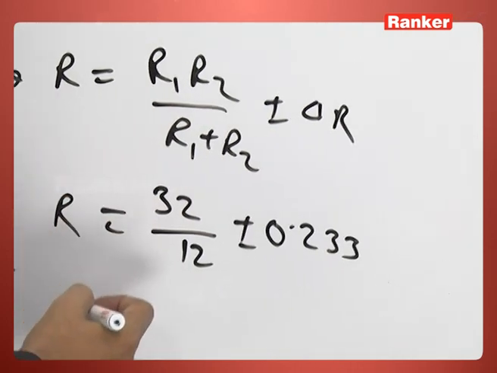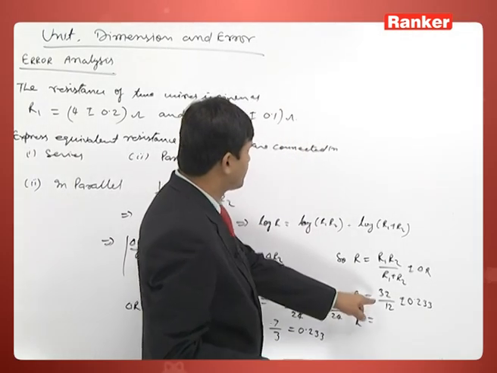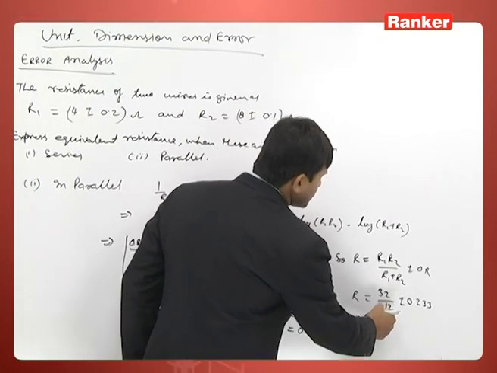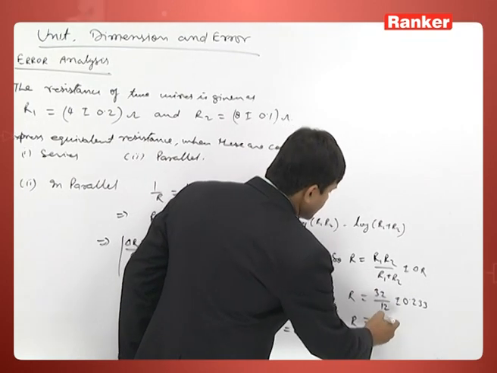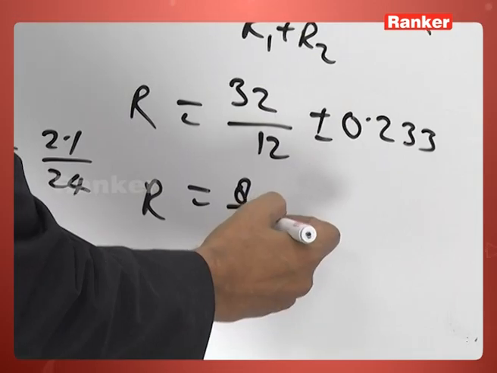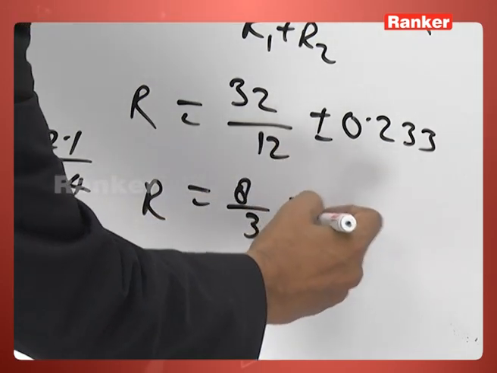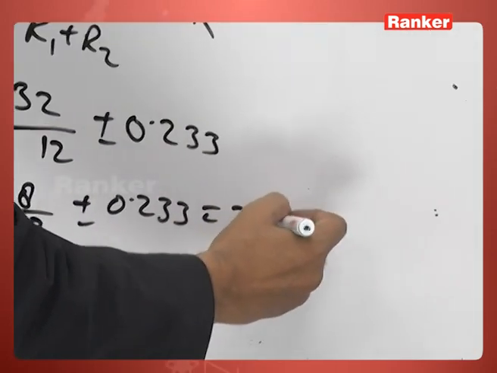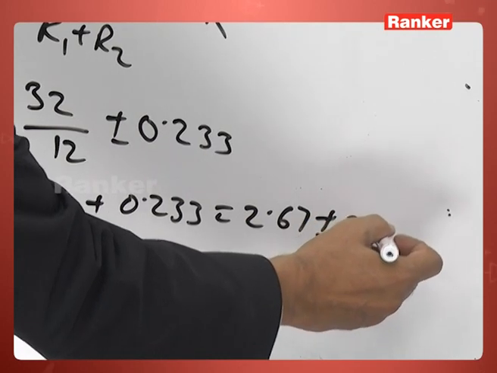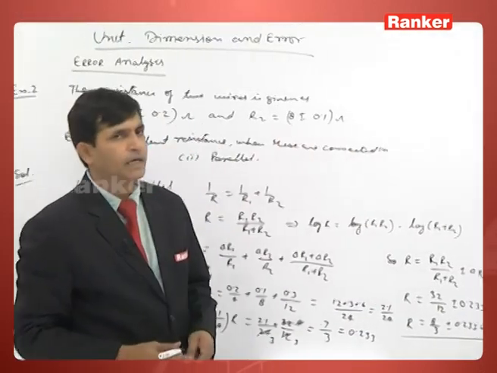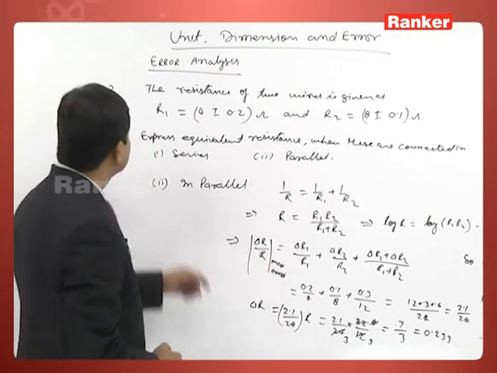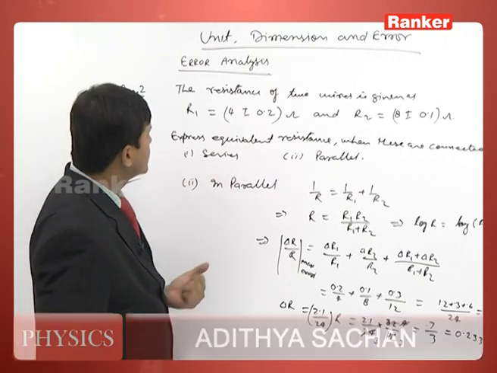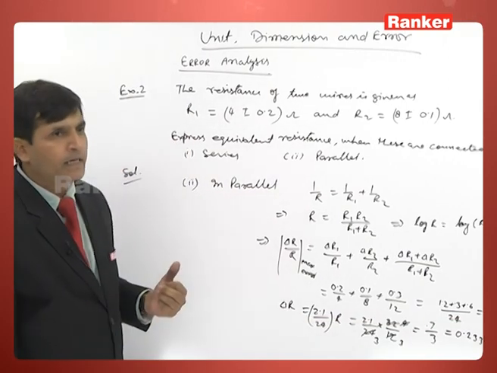This is your R, and we can simplify further. This is 16 by 6, then 8 by 3, plus minus 0.233, or 2.67 plus minus 0.233. This is the value of R. In this manner we can calculate the equivalent resistance if it is in parallel. So this is the general or basic idea about error analysis.